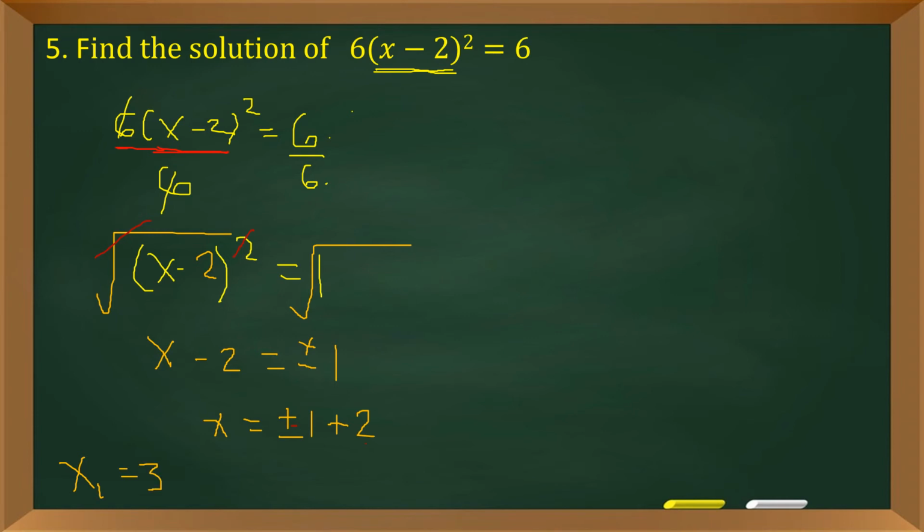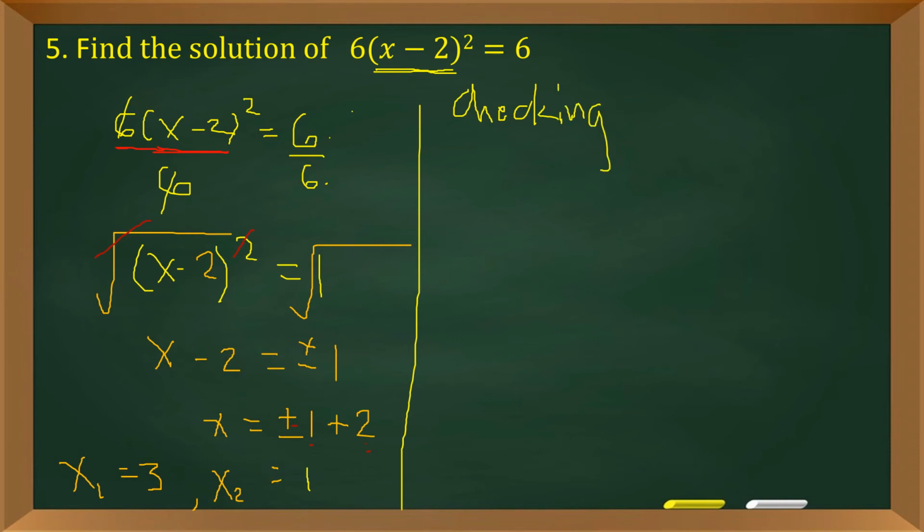And another, if we use the negative 1, that is negative 1 plus 2, which is positive 1. So we can do the checking now para ma-prove natin na yan talaga yung solution ng quadratic equation natin.